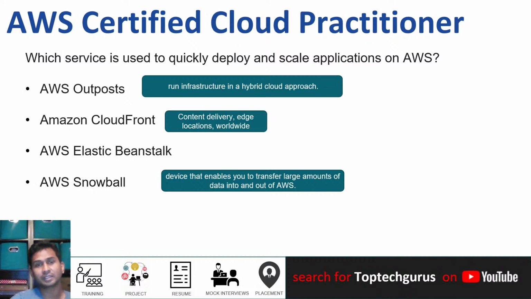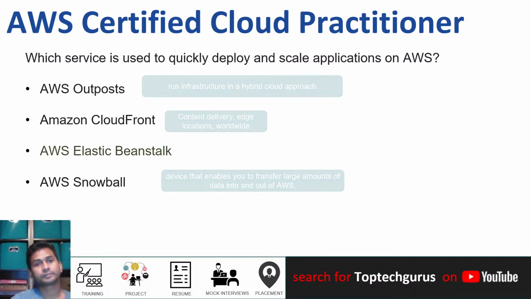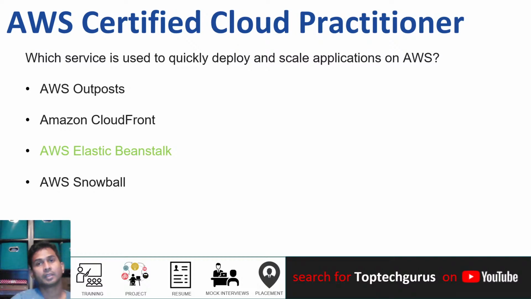So that is the one that you can quickly deploy, and you can scale applications. It has auto scaling as well, so if you're not sure why we are able to scale applications, Elastic Beanstalk not only contains security groups, VPC networks, your EC2 instance settings, it also has auto scaling settings.